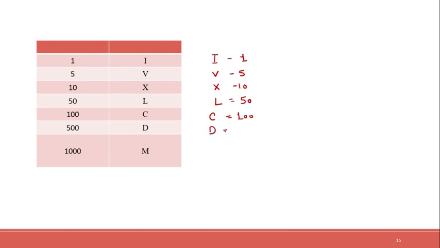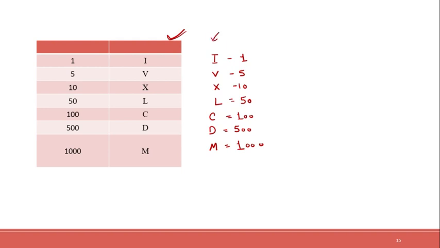Then D is for 500. And then M is for 1000. It is not at all difficult, okay? If you just revise this table twice, you'll get these symbols at your fingertips.